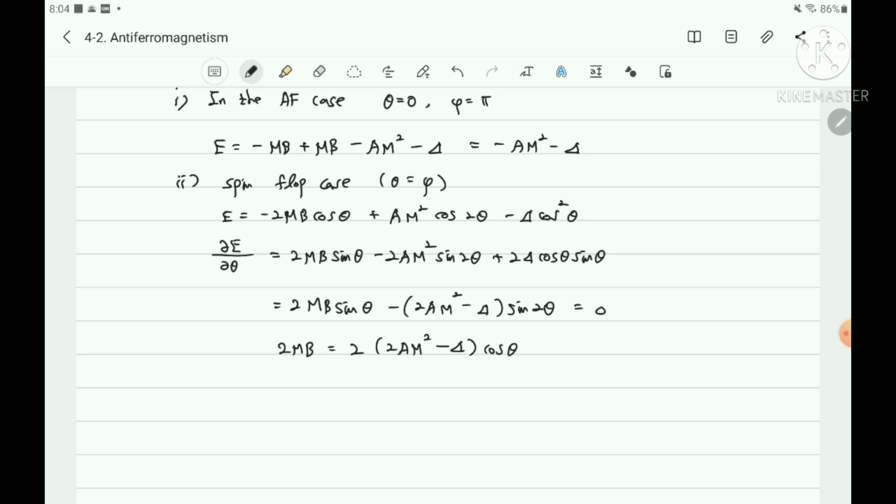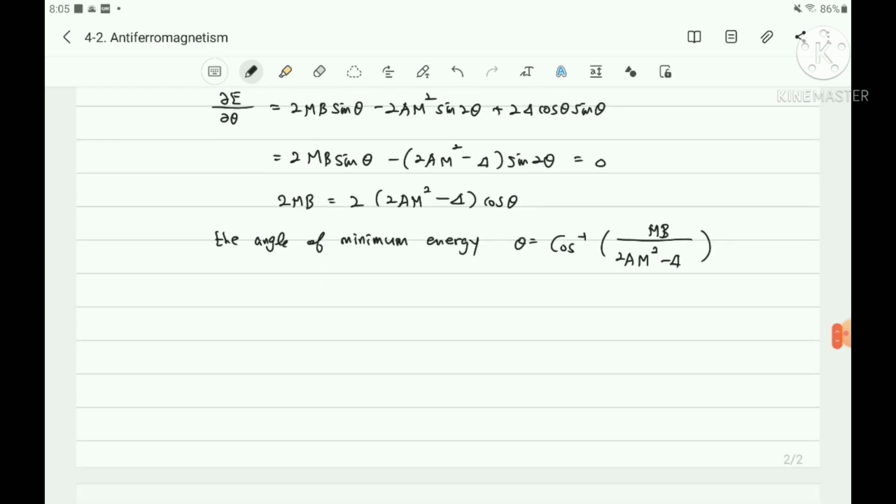Therefore, the angle of minimum energy is arc cosine of mB over 2A m squared minus delta. And this is the spin flop transition.